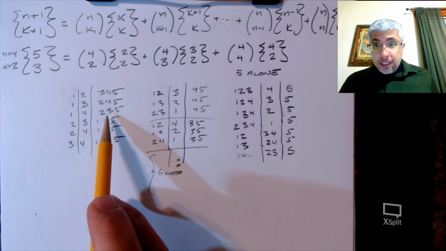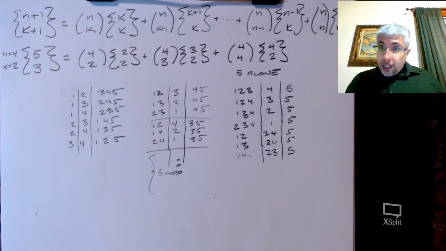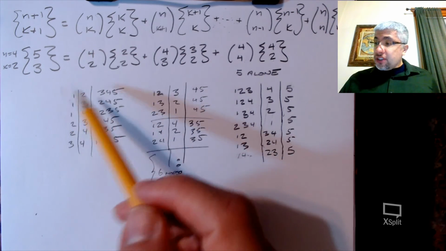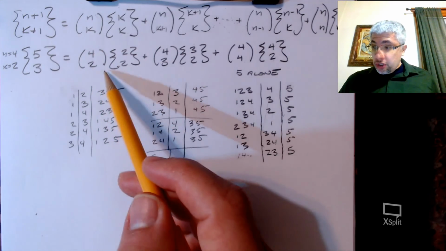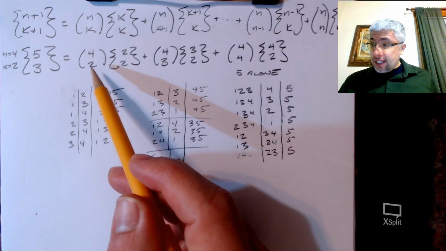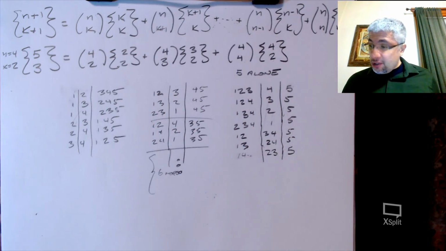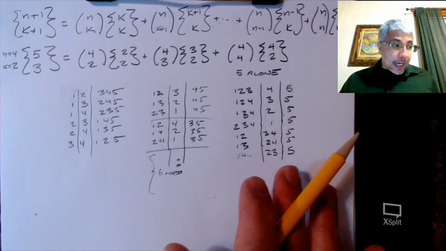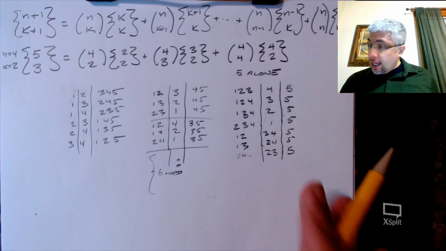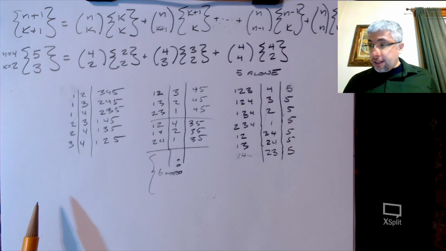And in this situation, I'm saying, okay, now 5 could be with 2 friends, and I have to split the rest up into 2 subsets. I have to have at least 2 elements to do this. I can't get any smaller. That's why I don't have a 4 choose 1 to the left of that, or a 4 choose 0 or anything like that. So this seems to be giving me every single way that I can split these 5 elements into 3 sets.